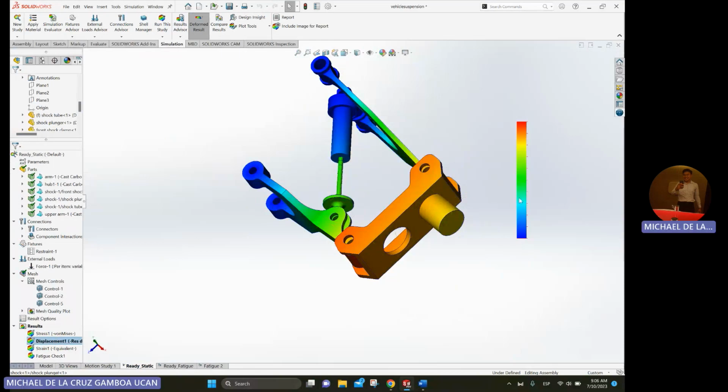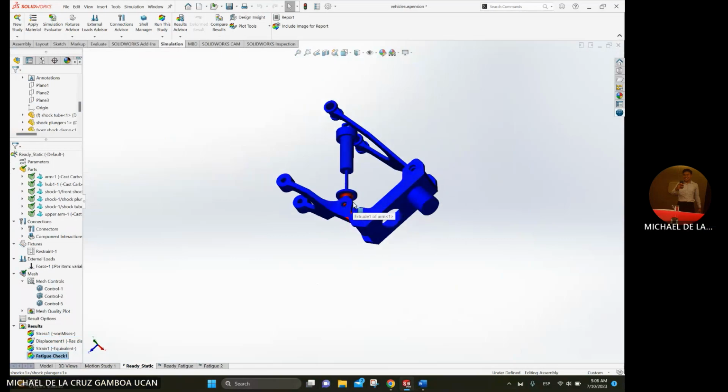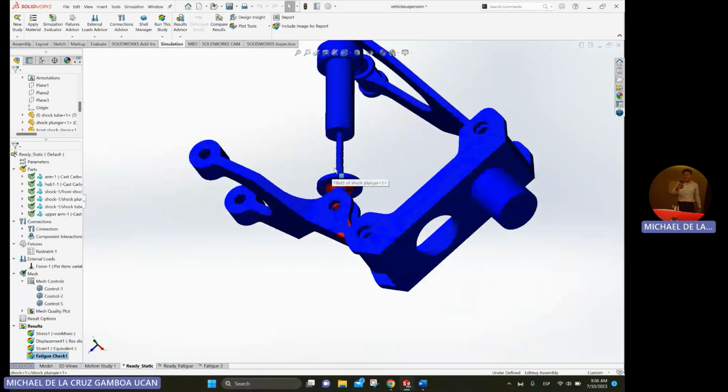This part suffers more displacement, colored orange, and strain and fatigue check. Previously, we can see this point is the most important of the piece, and we can see how the color red indicates, the color red, we can understand this fatigue point is more important.